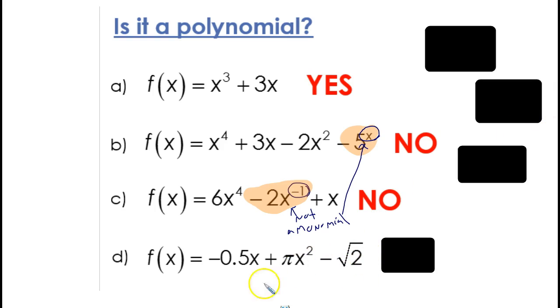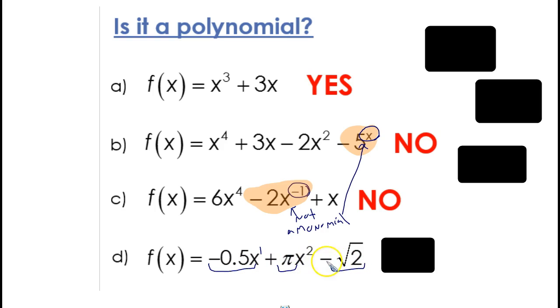Okay, so we have an exponent of 1. That's a whole number. 2. That's a whole number. And this one doesn't have an exponent, so we're fine. We have a coefficient of negative 0.5, pi, and negative root 2.